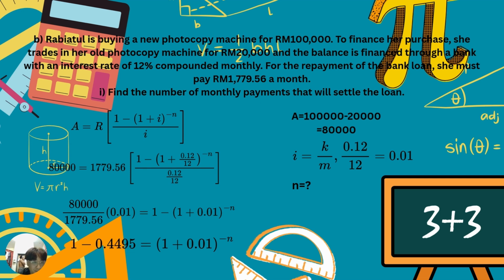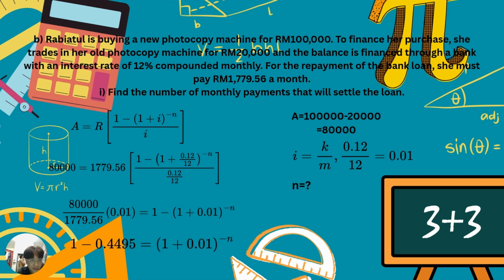So here we get 80,000 divided by 1,779.56 equals, per bracket 0.01 close bracket, equals 1 minus bracket 1 plus 0.01 close bracket power negative n. So we need to find n.